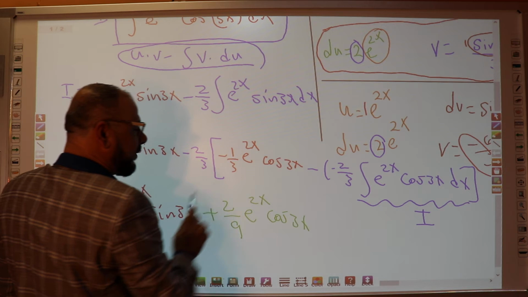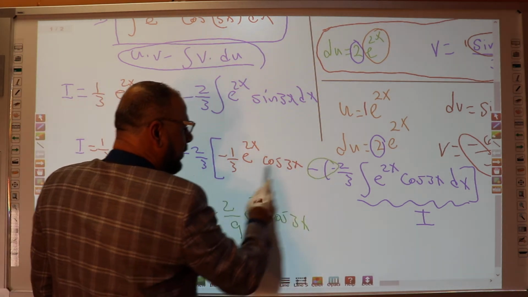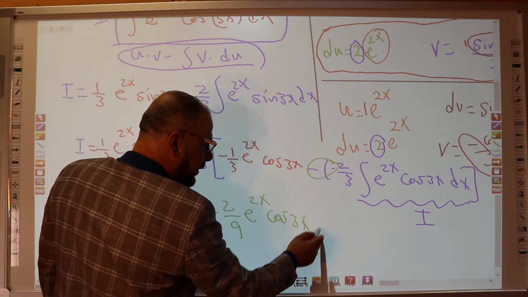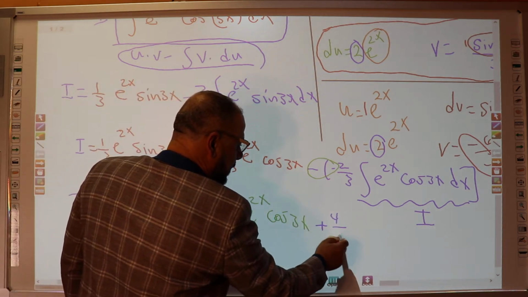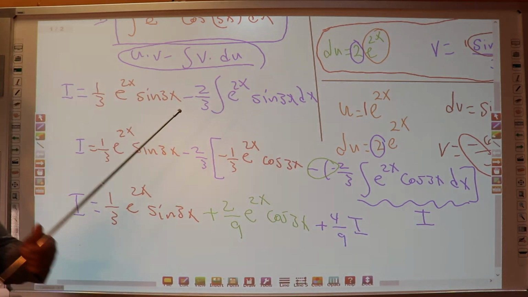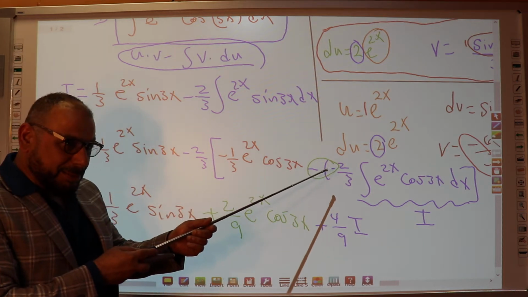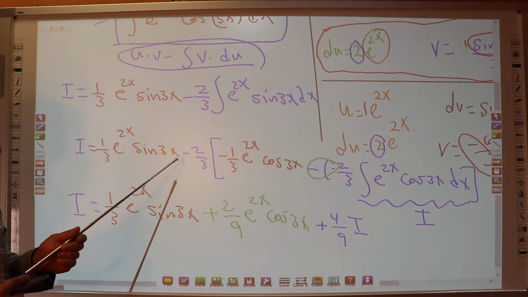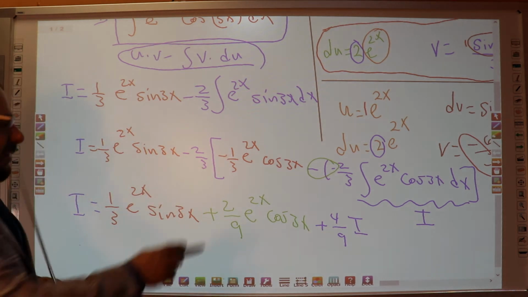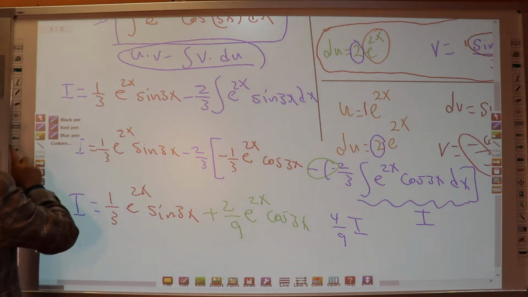Here negative and negative is positive, right? These two negatives. And we have negative here, 4/9 I. Again, you see this? Negative and negative, these two negatives are what? Positive, right? And we have negative outside, so it will be negative, not positive. You fixed me, thank you.